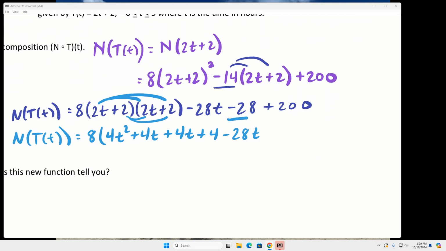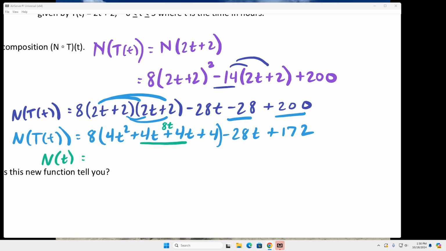I am going to go ahead and combine that negative 28 and 200 and get it over with. To save on time and space, we all know that those are going to add to equal 8t. So when I distribute, I'm just going to make that an 8t, and I'm going to rewrite this as N of lowercase t.